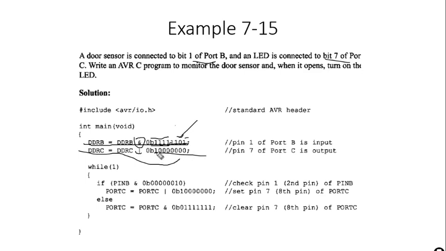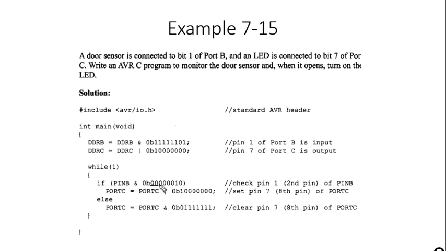All bits that are 0 will remain unchanged. Bits 0 to 6 of DDRC will remain unchanged because there is an OR operation with 0, and bit 7 will become unconditionally 1. In the while loop, here we are checking the status of the selected bit.